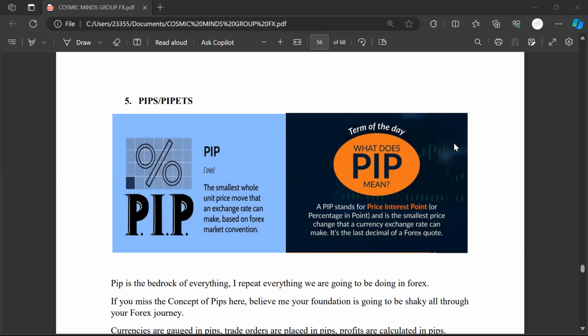Either the market is going up in an uptrend or coming down in a downtrend. So in these 2 directions, you can actually benefit from them, right? And so it is these movements that is termed as pips, right? When a currency pair moves up or down, that movement, that distance traveled is called pips.